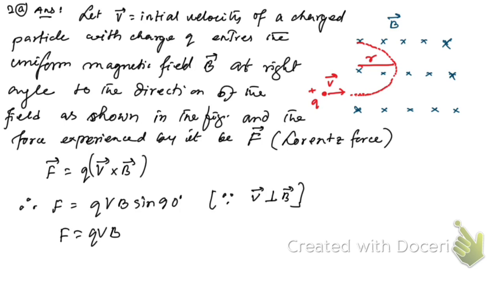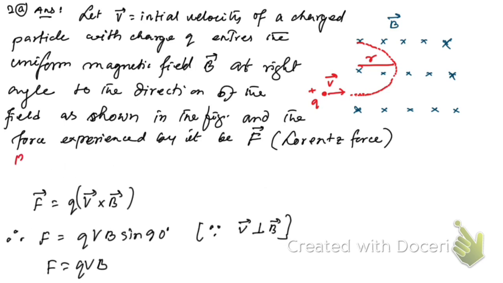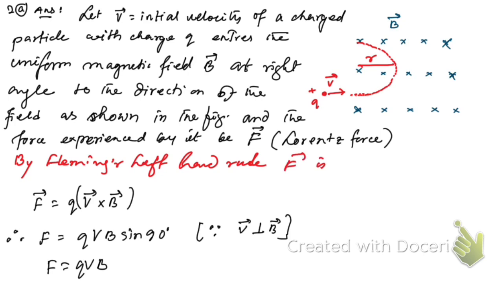So let me mention one more thing here. By Fleming's left hand rule, F is perpendicular to both v and B, right?